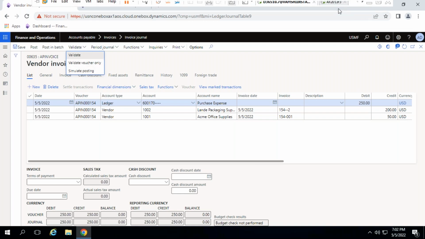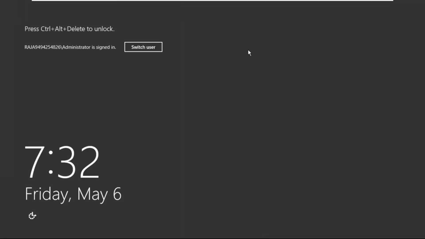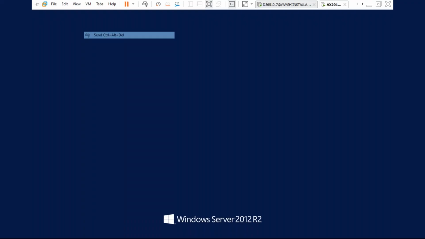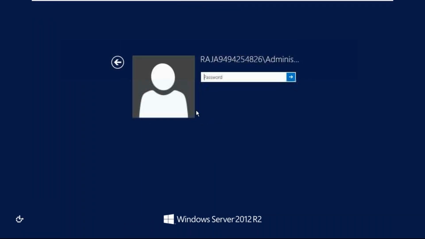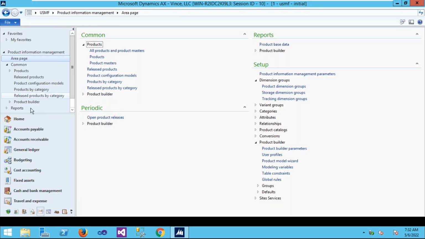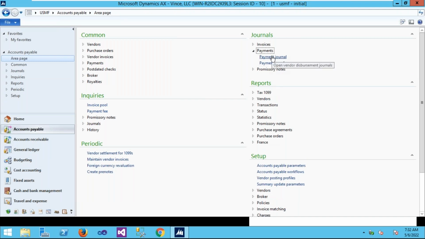I will tell you now. Give me a minute. See, look at this one. I'm going to extend it all. Now, if you go to the accounts payable module, this is the old version, payment journal.